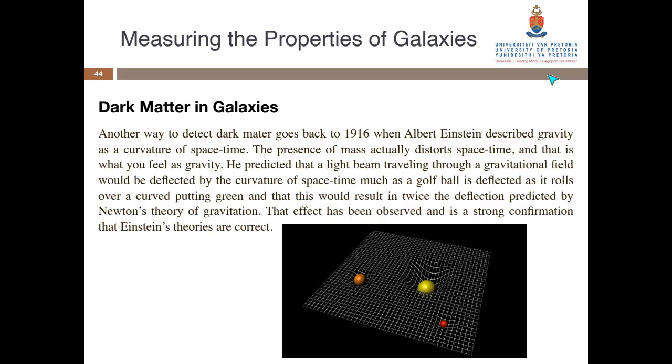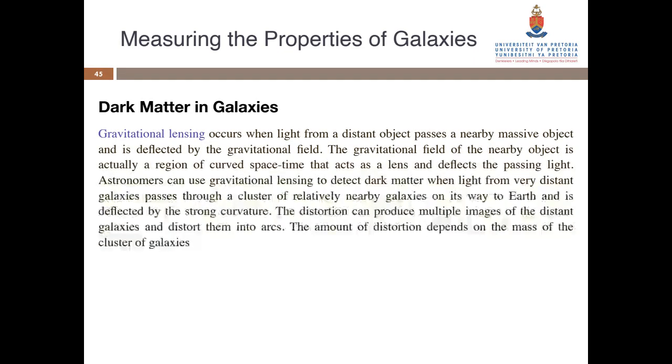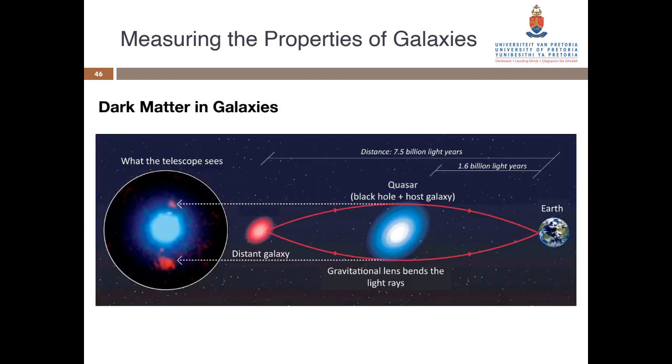Here we have Earth on this side. I'm coloring Earth in, but there is a different galaxy over here. But now there is also a galaxy in between. So we cannot observe the galaxy behind this one directly because this one obstructs its view.